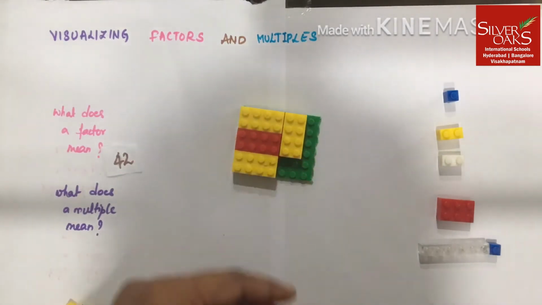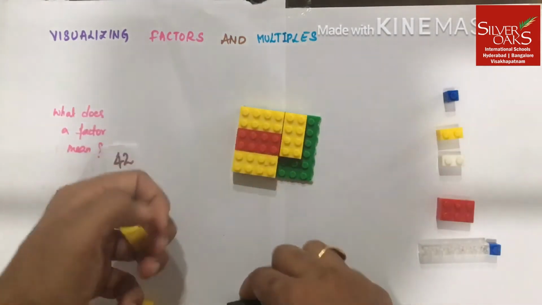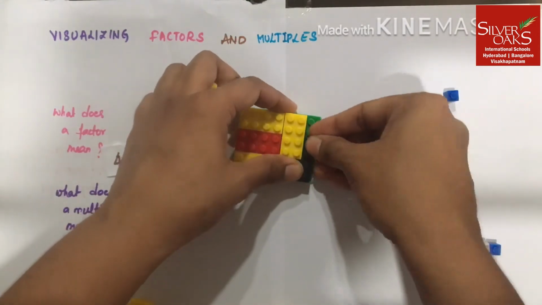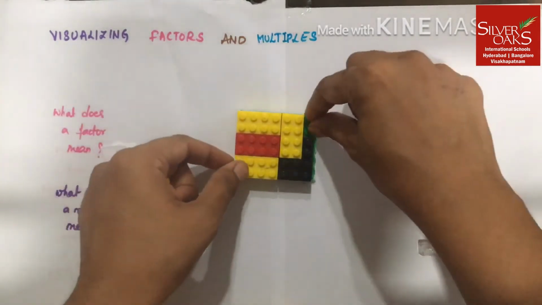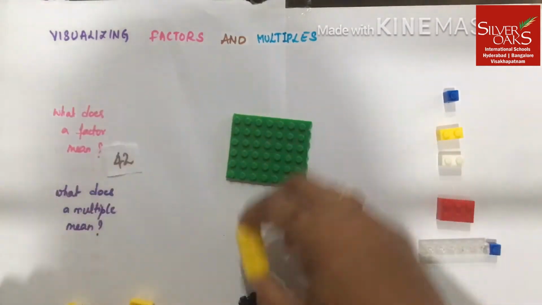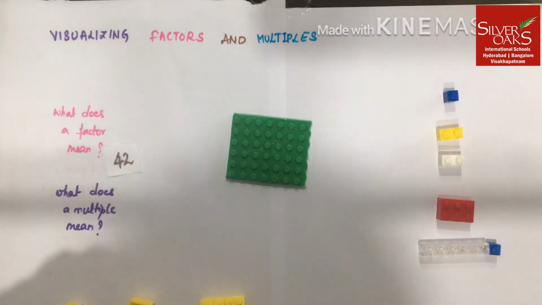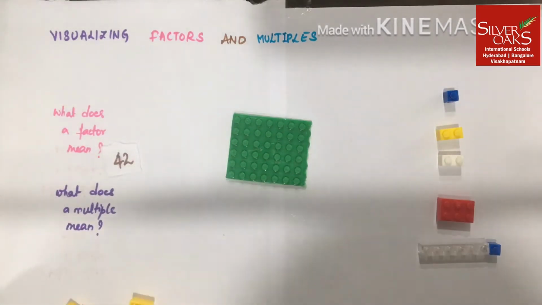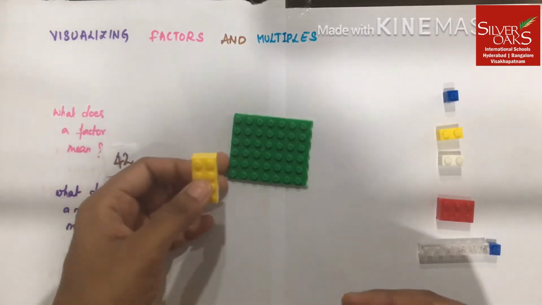So I don't think 8 is a factor. I can imagine this as my 8. Okay, so I'm left with 2 more dots. So 8 is not a factor. So likewise you can try with the 9, 10, and yeah, there's one more factor if you keep on trying like that.